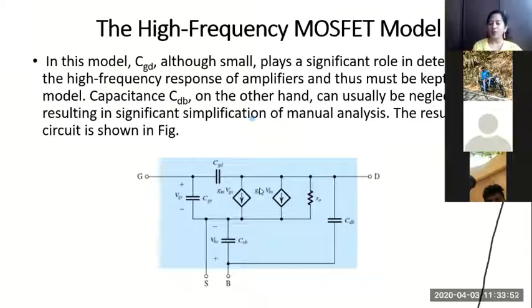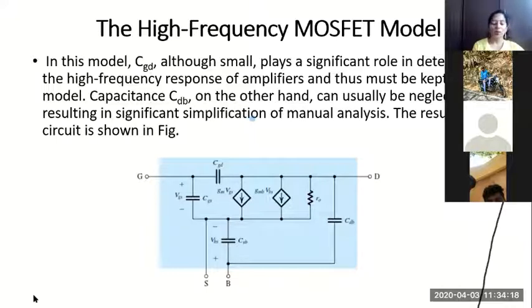There is an additional source and 4 additional capacitances to consider. You can see CSB between the source and the body, CDB between the drain and the body. So this is our actual high frequency model of the MOSFET. But as you will see, this model is too complicated and too big for analysis.